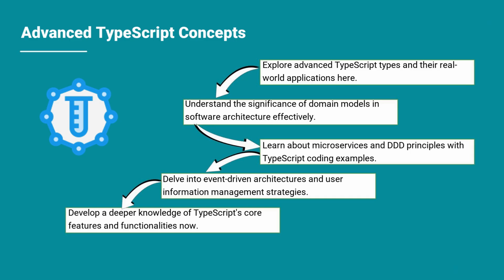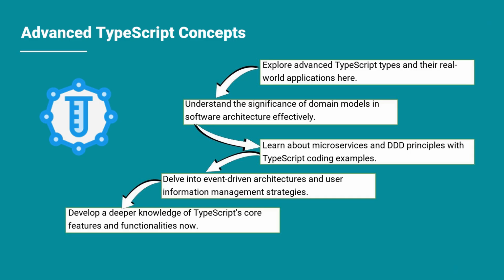Additionally, we introduced a user management service, demonstrating how changes in user information can affect orders while maintaining loose coupling through events. Lastly, we highlighted the significance of crafting effective domain models to ensure that software architecture aligns with business needs and fosters collaboration among teams.